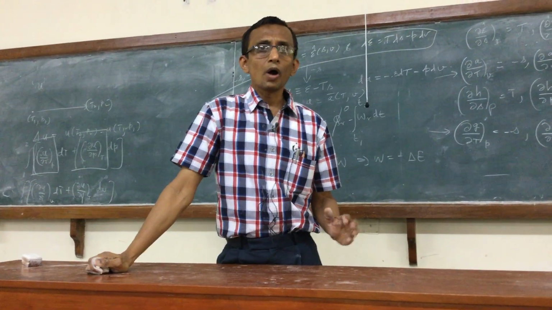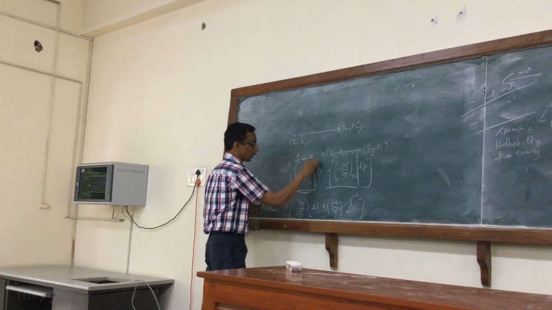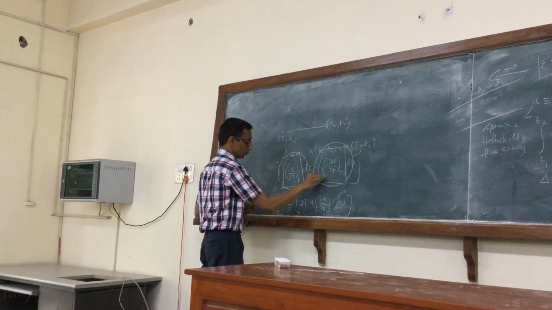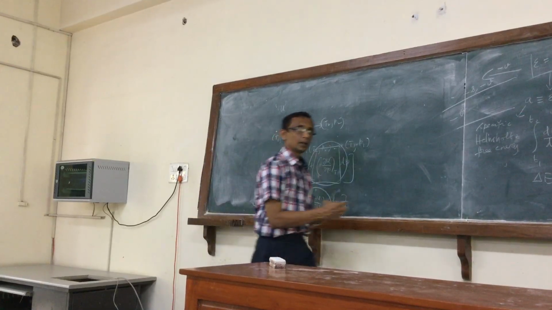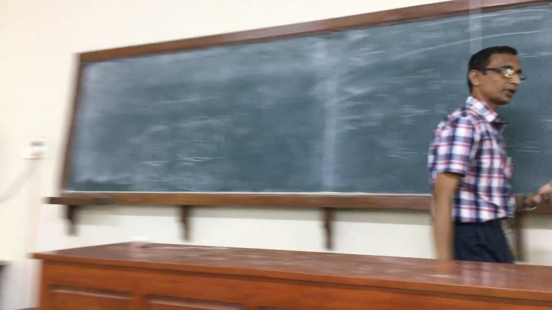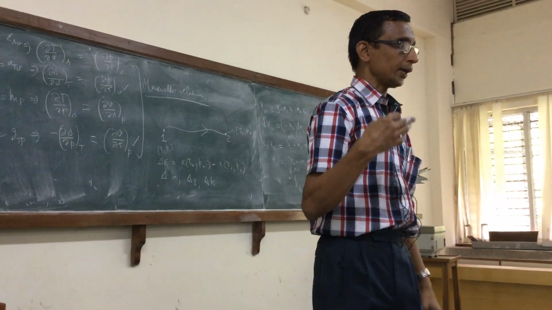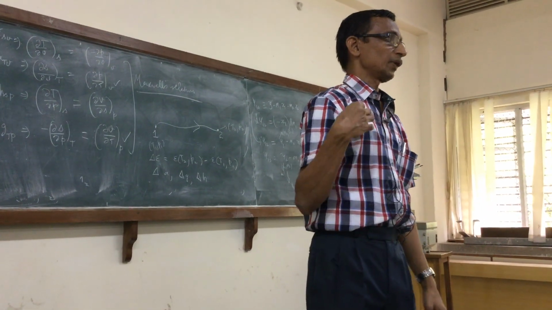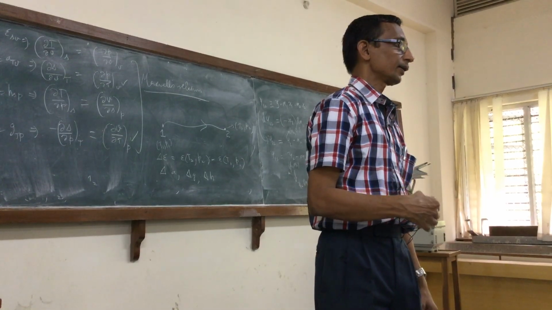What we require are derivatives of U with respect to T, with pressure kept constant or specific volume kept constant, and the derivatives of any property U with respect to V and T.